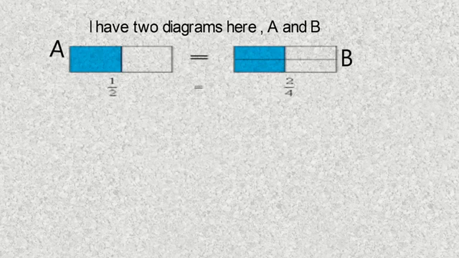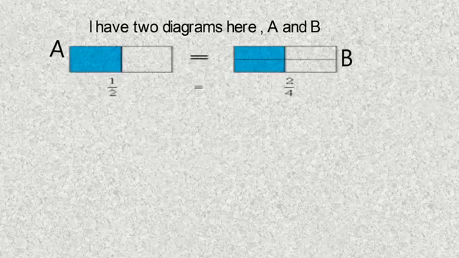If you take a good look at the diagrams, we notice that they are both shaded the same way, at the same level and proportion in blue. But notice also that the first diagram A, on the left, is divided into two, and one part of it is shaded.